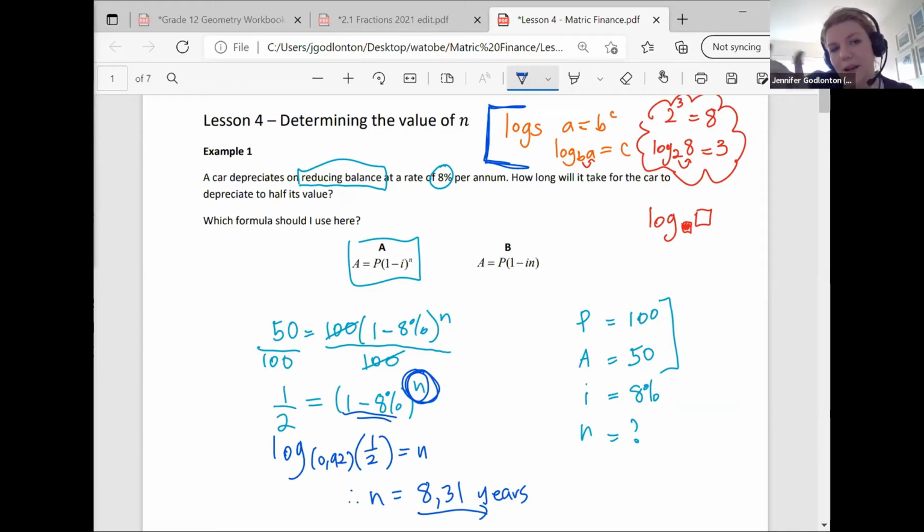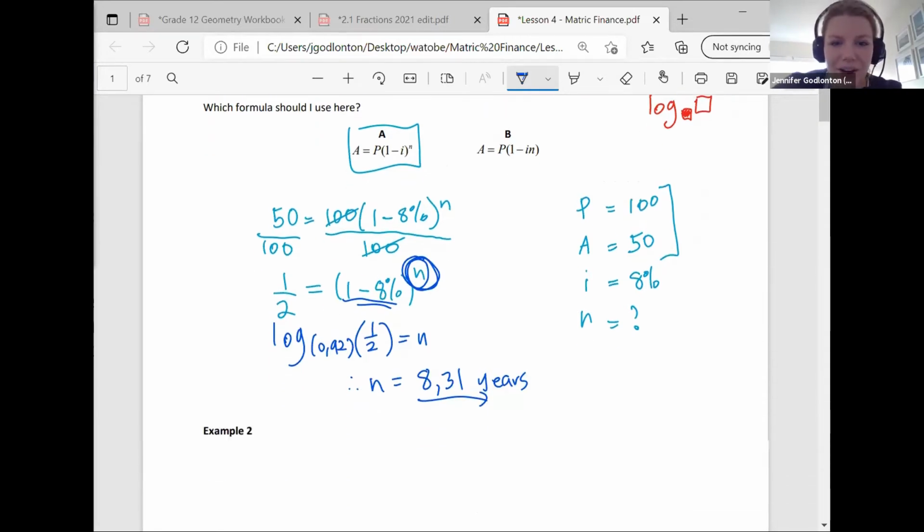So whenever it says that last little bit, that tells us what we divide the interest by. So if it said 8% per annum compounded quarterly, it would be 8% over 4, 8% per annum compounded monthly, 8% over 12, 8% per annum compounded semi-annually, 8% over 2. Happy? Cool.